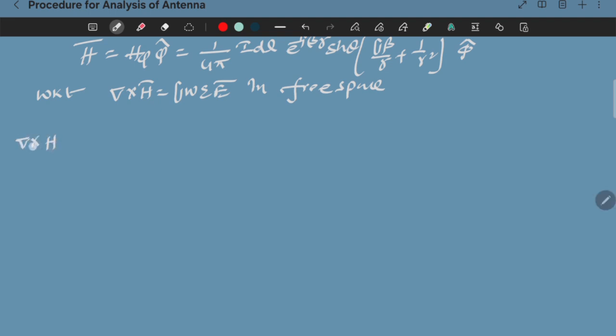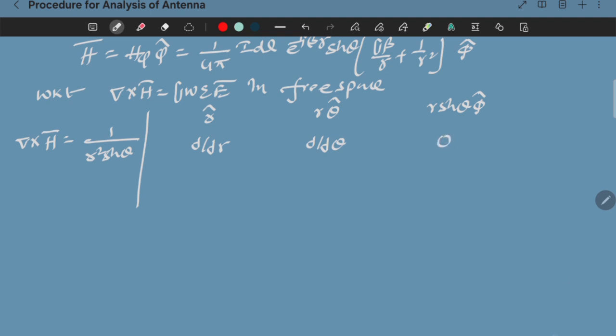So del cross H bar is equal to 1/(r² sinθ) with r cap, r θ cap, r sinθ φ cap; ∂/∂r, ∂/∂θ. Here ∂/∂φ, again with similar reasoning we can take 0, no changes with respect to phi.